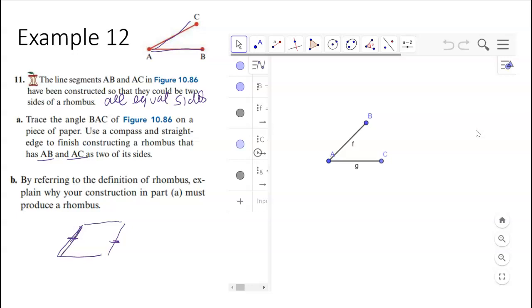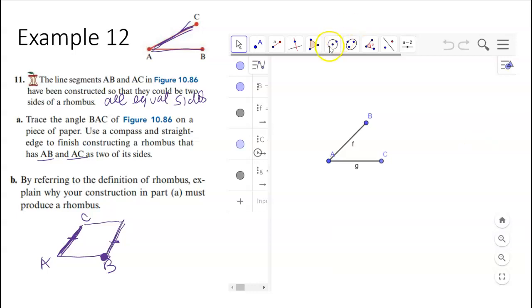So if I set a compass to the length of AC, and I center it at B, I know it's going to be the same length, and then I can move that anywhere around, and I can get a side length of the same value.